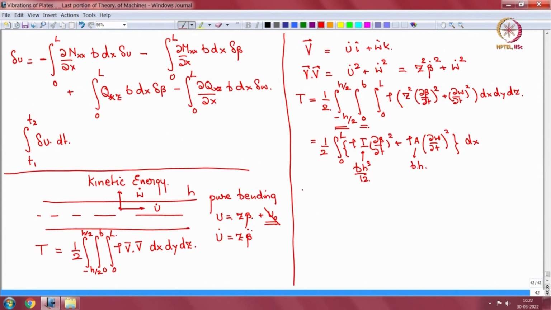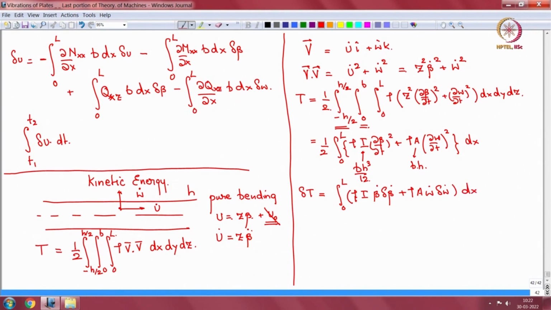Now the variation of this is given by integral 0 to L of rho I beta dot delta beta dot plus rho A w dot delta w dot dx.